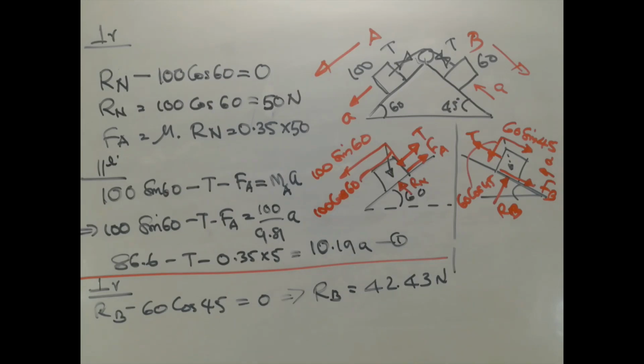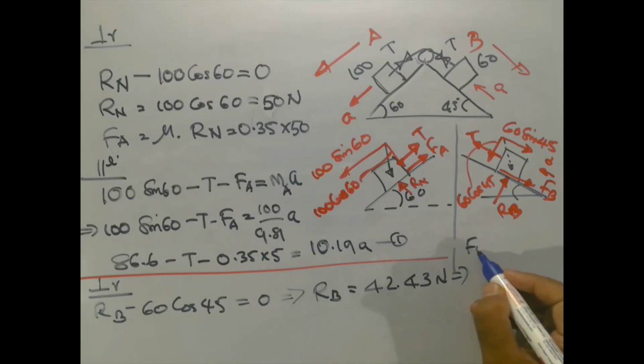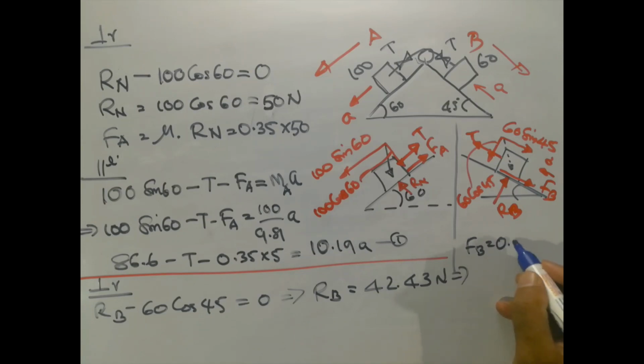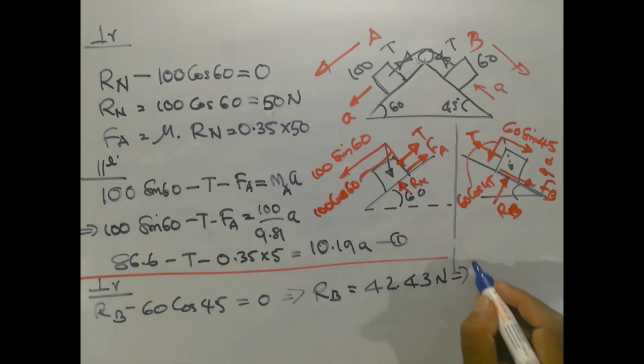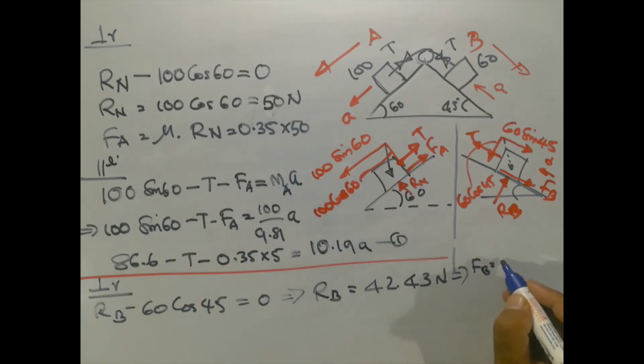Then if RB is 42.43, that gives FB equal to 0.35 into 42.43.